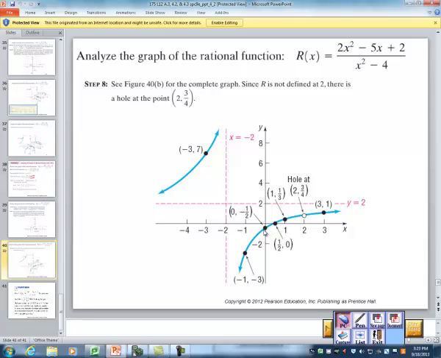And so our y-intercept was at 0, negative 1/2. X-intercept was at 1/2, 0. So here's where it comes up, hole there, continues on, and this goes down. And then our other value is above the horizontal asymptote. So we have one vertical asymptote, one horizontal asymptote, and that's our graph.